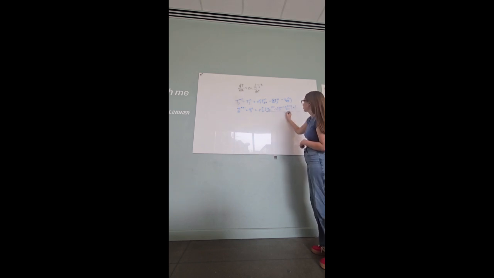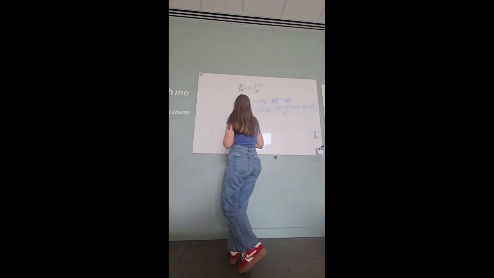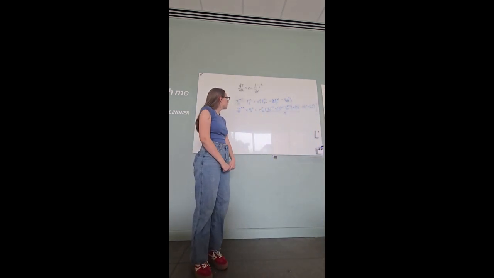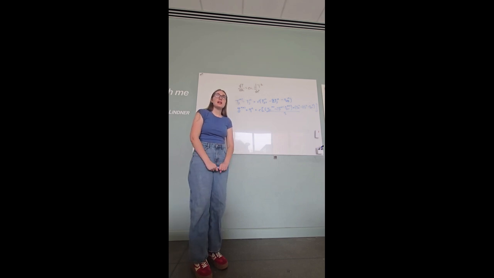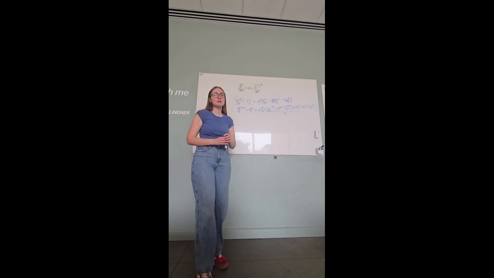This is going to be all over 2 because it's an average, and then we're going to do T_(j+1)^n minus 2 T_j^n plus T_(j-1)^n. Okay, so this is our average of this equation here. So that is going to be the end of part 1, because this is our Crank-Nicolson.